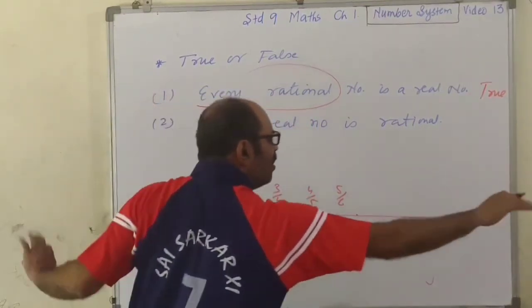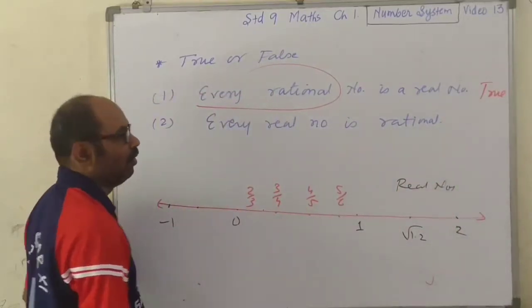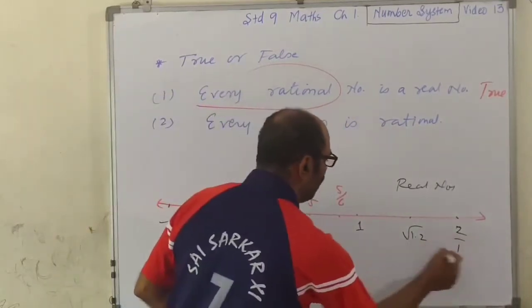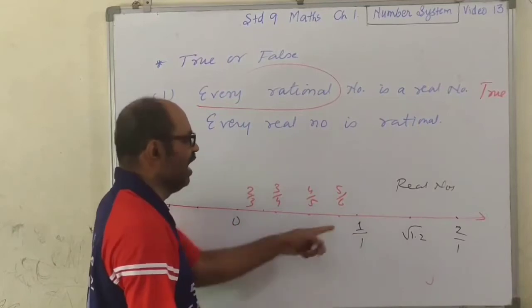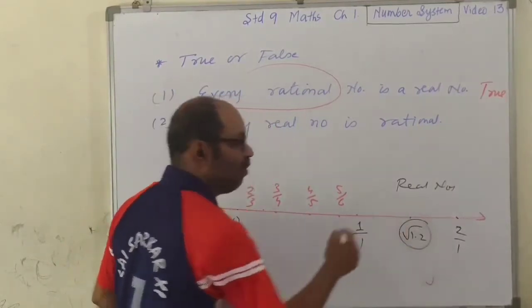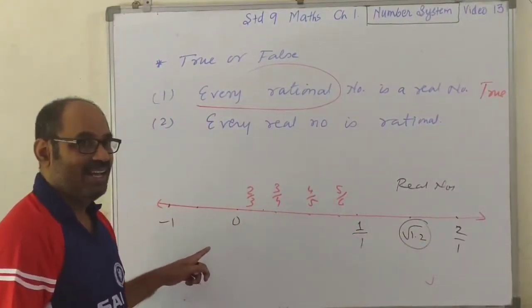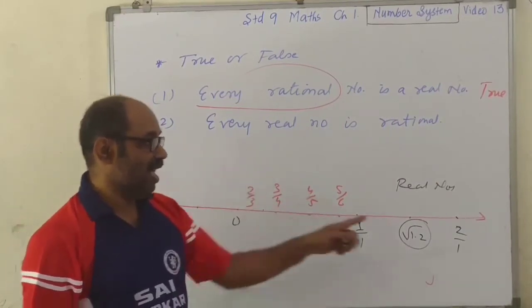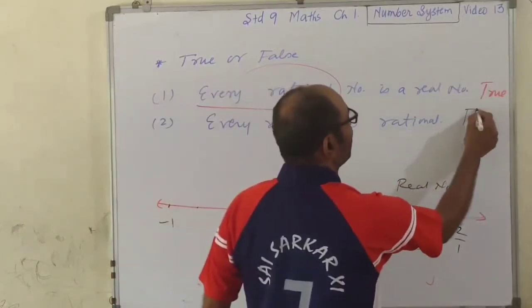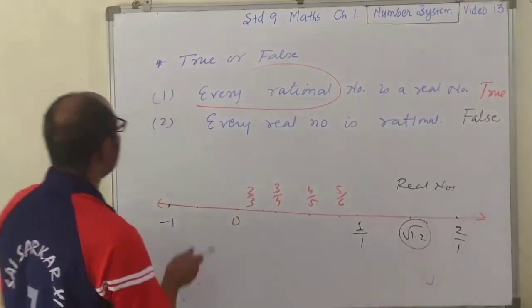All these numbers show real numbers. So pick up any real number. 2, can you say it is rational? Yes, 2 means 2/1. 1, is it rational? Yes. Can you say 4/5 is rational? Yes. Can you say √1.2 is rational? No. So every real number is not rational. So this statement is false.